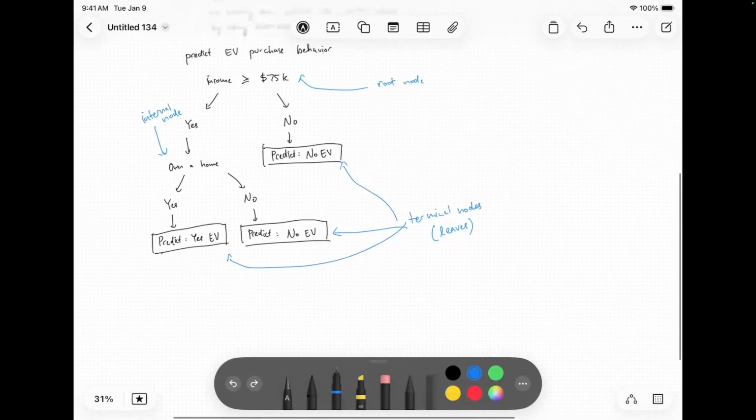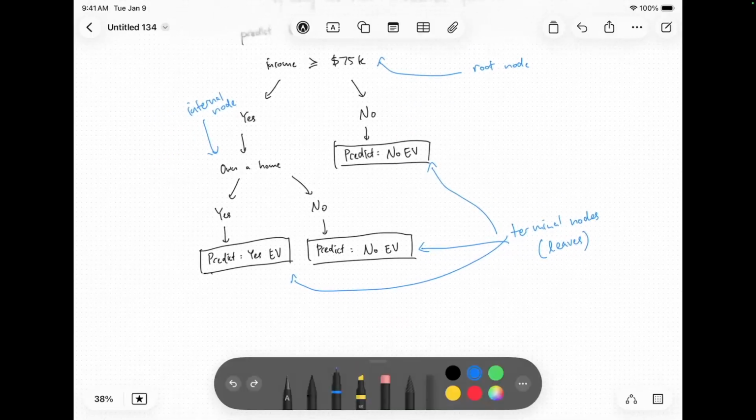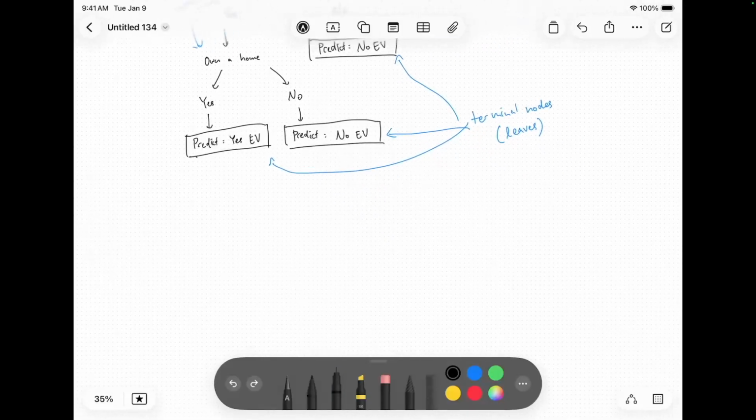So if we think about building a tree, there's essentially two questions that we need to ask, okay? One is, what variable do I split on? And the second question is, what threshold do I use?